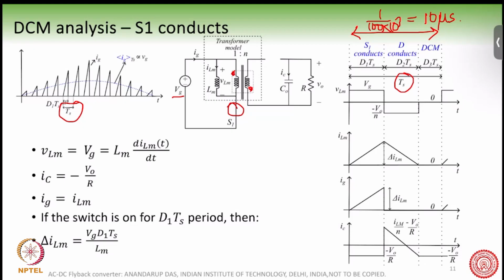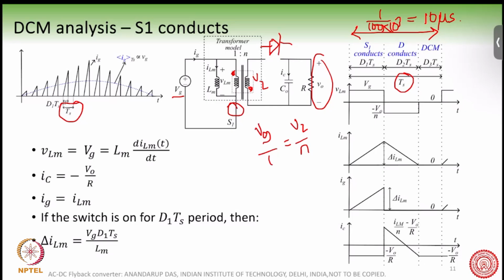And on the output, we have Vg by 1 is equal to V2 by N. So therefore, if this voltage is V2, the secondary voltage, the secondary voltage is N times Vg, and along with this V0, the diode here will get reverse biased. It cannot conduct when S1 is on, right? We have discussed this previously.